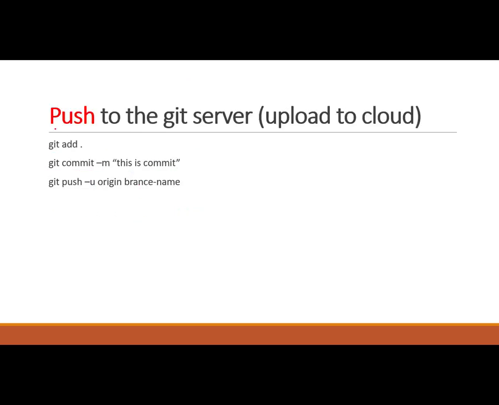Then you are going to push code to the Git server. For that you can type git add full stop. Full stop means all files in the folder, in the parent folder. Then git commit, add a commit name, any name related to your coding. Then git push origin and a branch name.